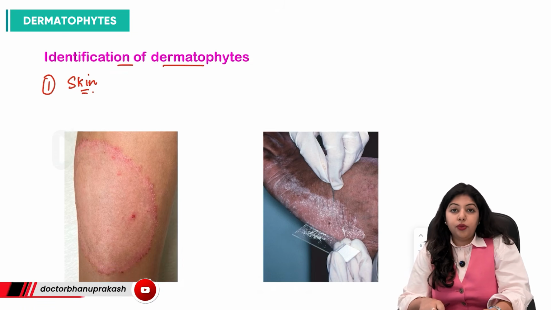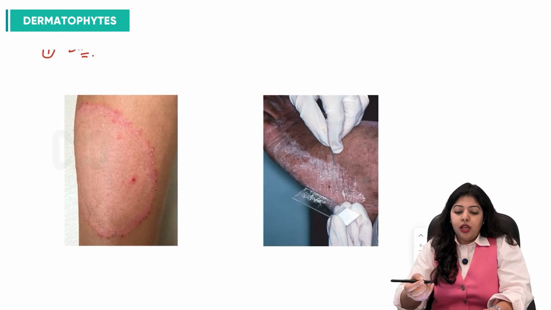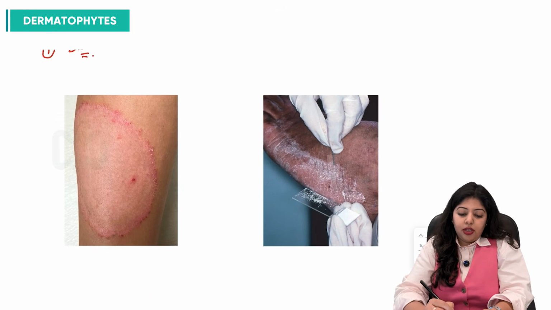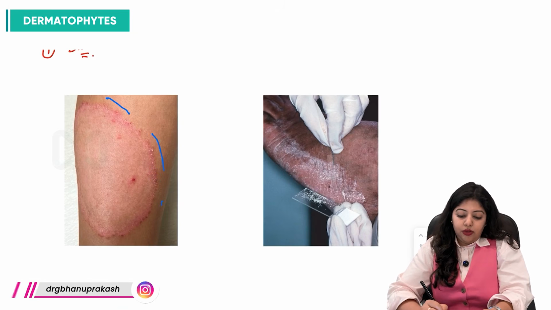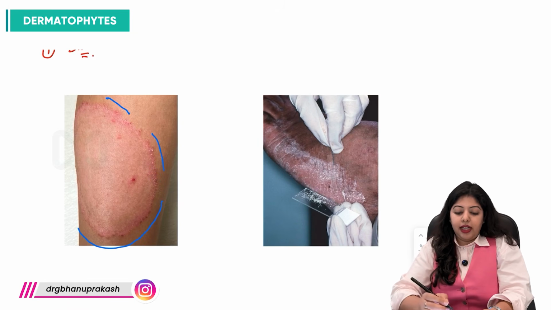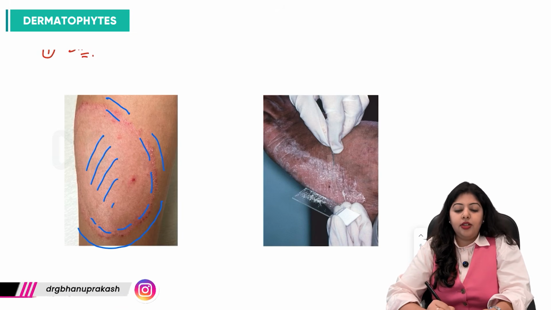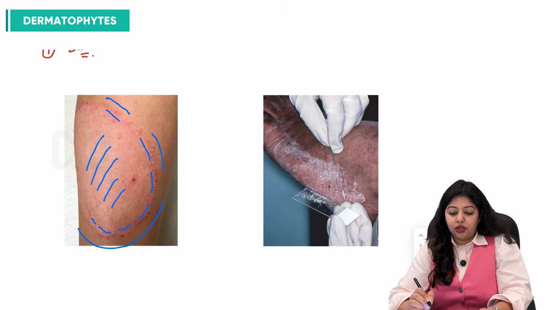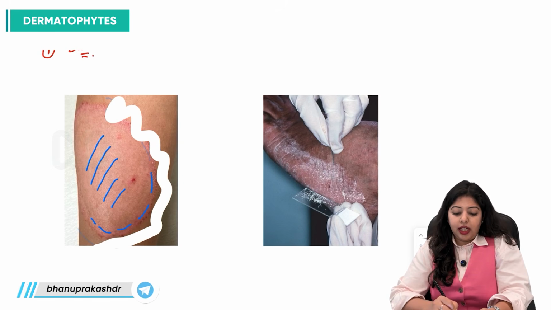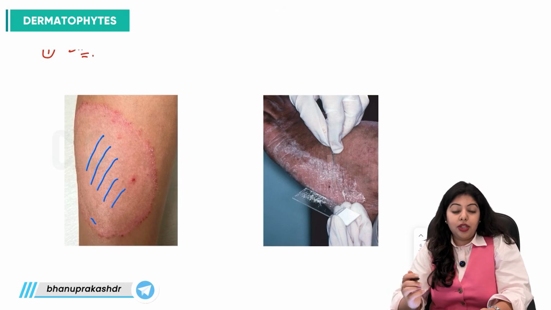And how do we do these skin scrapings, right? So can you appreciate this image? In this image, we have an annular lesion, and can you also see these active margins, these raised margins, and somewhat clear centers? These are nothing but tinea infections. So what kind of sample should we require? We need skin scraping.